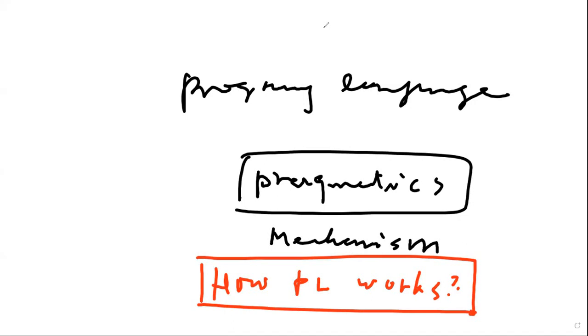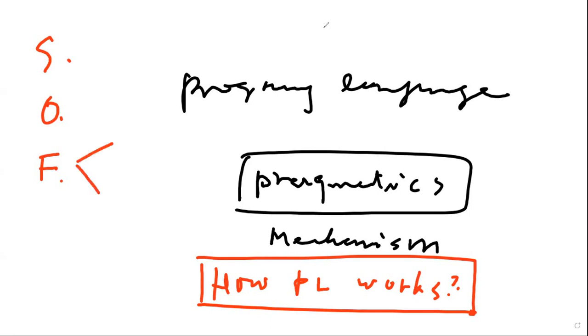So we introduce structural programming, object-oriented programming, and functional programming. Neural networks we do not cover, that's another paradigm. Concurrent programming we do not cover either. Those can be separate courses.